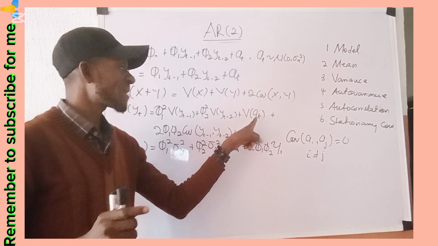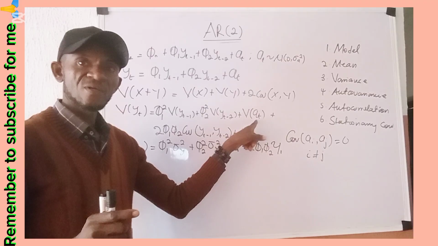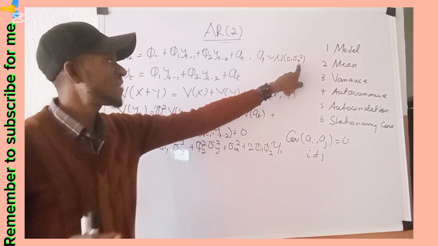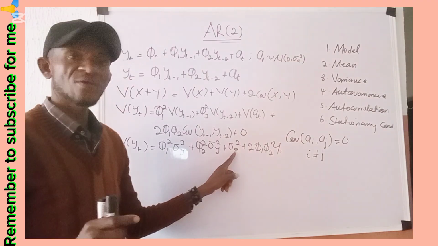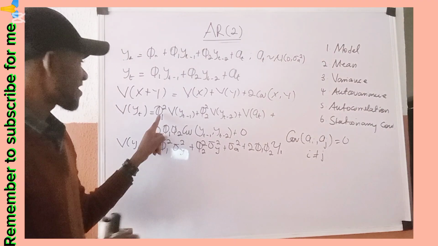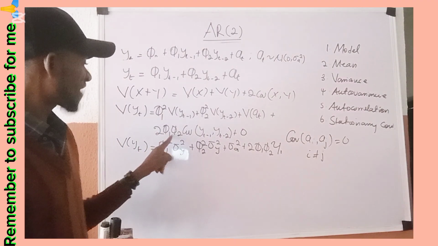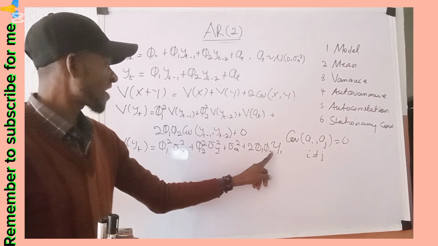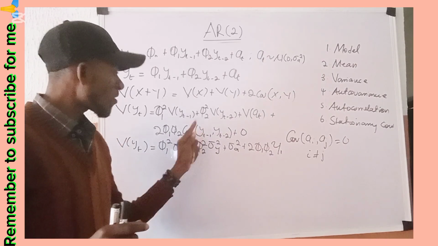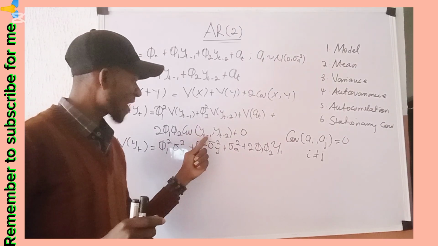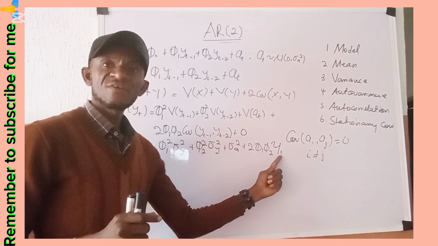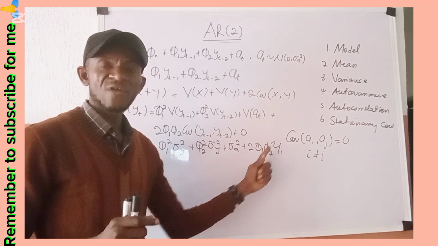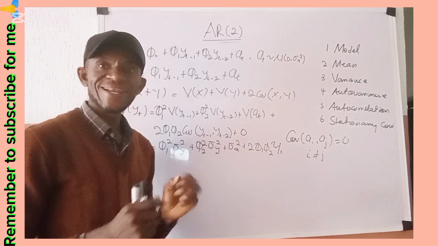However, here we are talking about the variance of the error term, and ab initio, the variance of the error term is given as sigma squared of a. That's why I have sigma squared of a here. So here is my covariance of the series at t minus 1 and at t minus 2, which is what we call gamma 1, the covariance at lag 1.